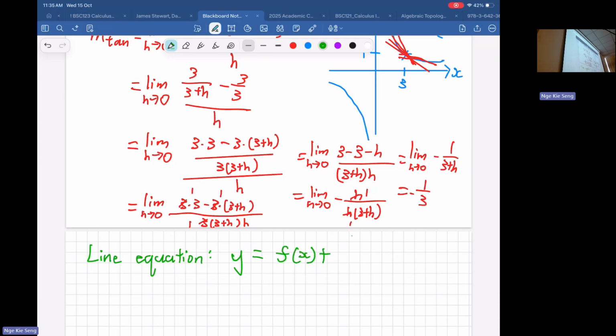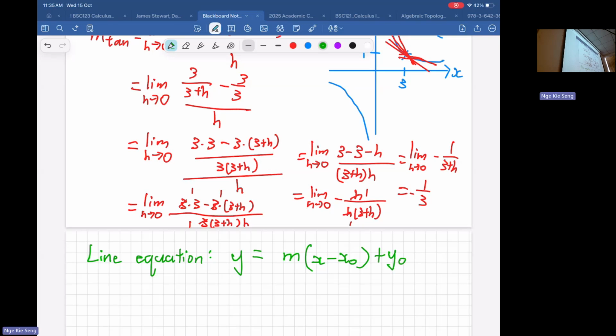That derivative is our gradient, so let's put it as m. Then in the brackets, x minus x naught, and then plus y naught.